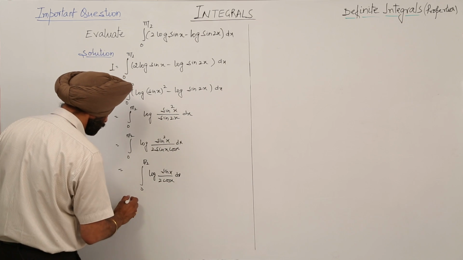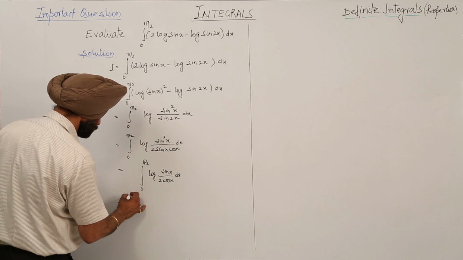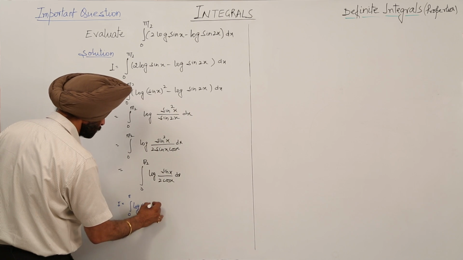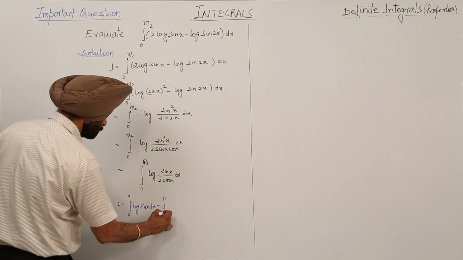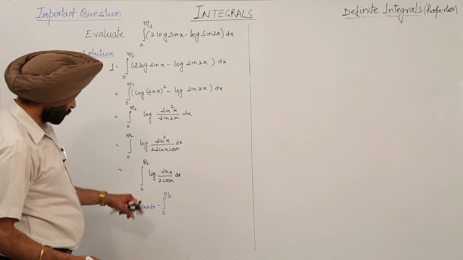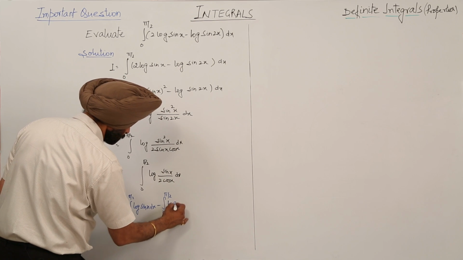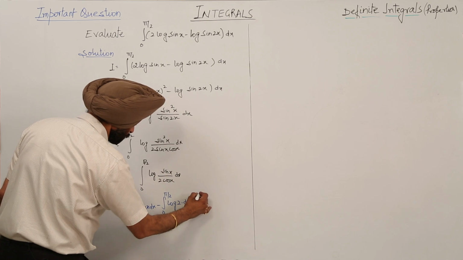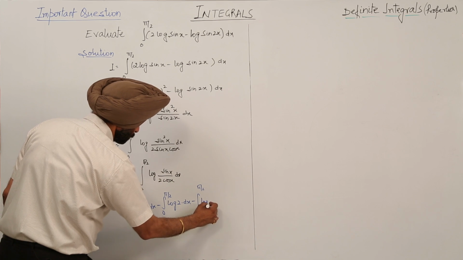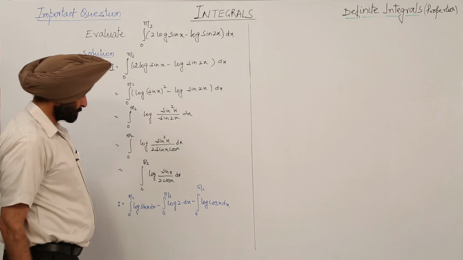Now, how to write it? 0 to pi by 2, sorry, pi by 2, not pi, 0 to pi by 2 log sin x dx minus 0 to pi by 2 log 2 dx minus 0 to pi by 2 log cos x dx. Okay.